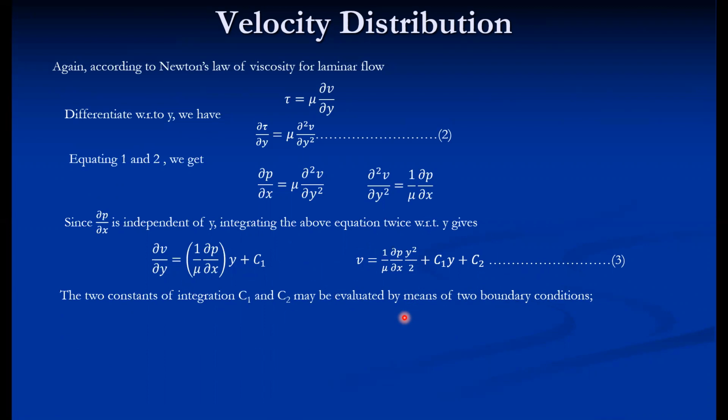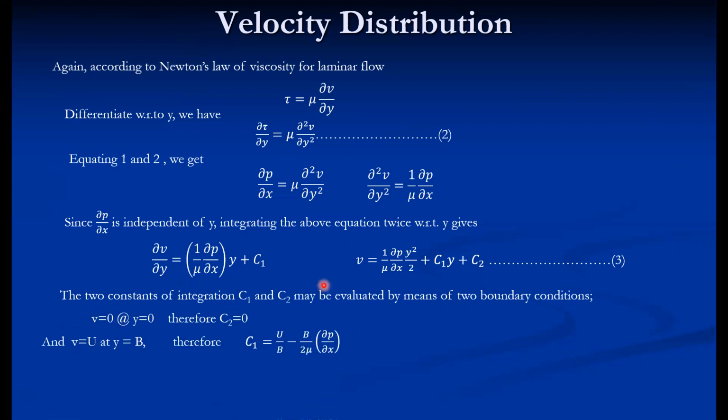Because of viscosity, the velocity is zero. So we apply the boundary condition that at y is equal to 0, v is equal to 0. Therefore, if we put these values of y and v, we get C2 is equal to 0.